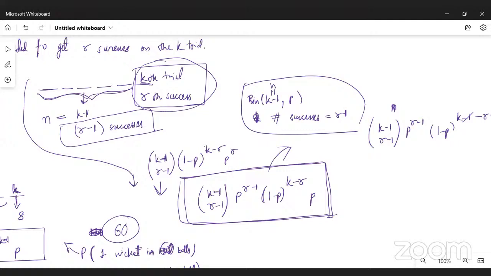Here it was P to the power R minus 1 into P, which is the same as P to the power R. So this was right, but you didn't know how it came. Yes, ma'am, but I forgot. P to the power R minus 1 into P is P to the power R, right? Okay, both are the same.